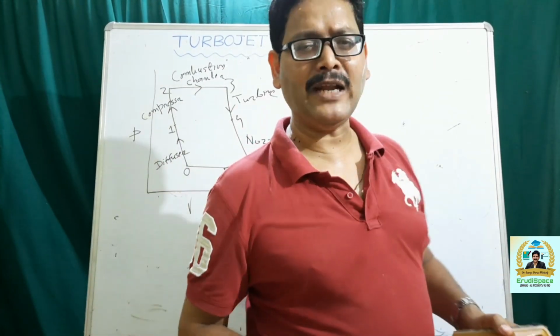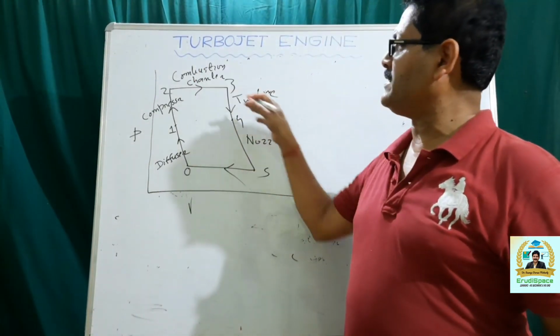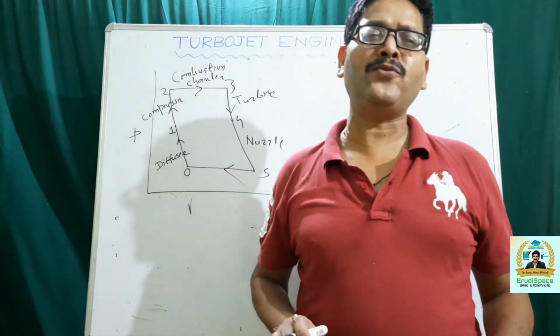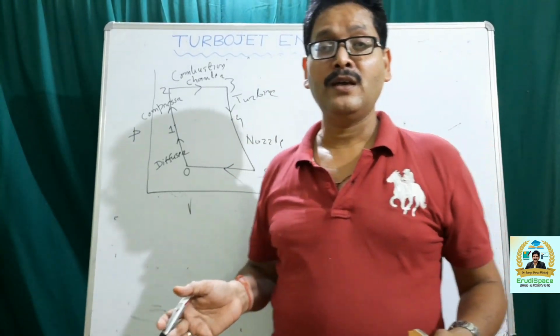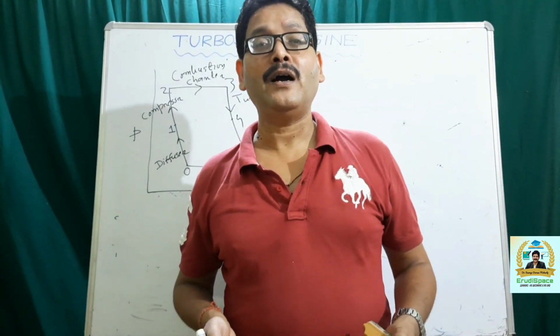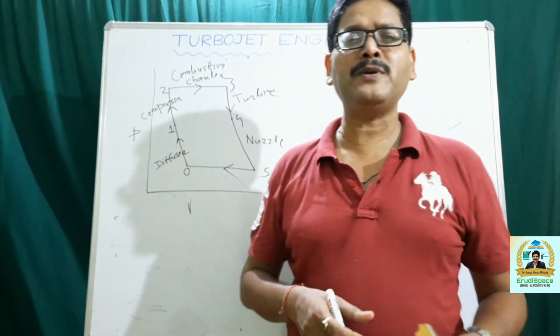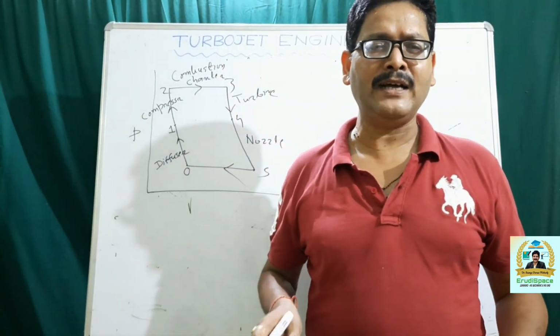Now another thing that I would like to add, that even after passing through the combustion chamber, some amount of unburned fuel is left out. So for that we may provide a sort of afterburner. Afterburner serves the same purpose as that of the reheater, but it is not exactly the same as the reheater.